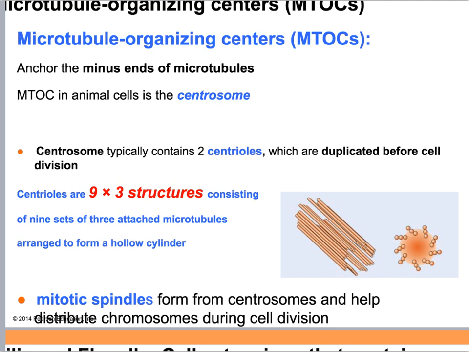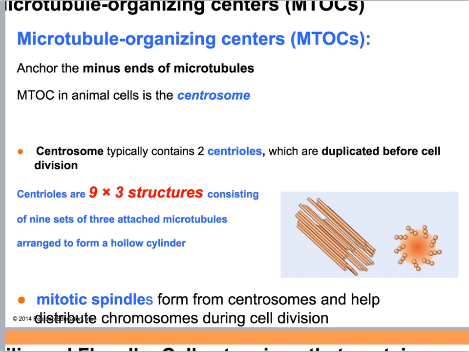In animal cells, these microtubule organizing centers are referred to as centrosomes. You don't really need to know that for now, but when we talk about mitosis later in the semester, we'll talk about centrosomes. Centrosomes are really made up of two centrioles, which are found close to each other at right angles to each other. The structure of a centriole is what we call a 9x3 structure.